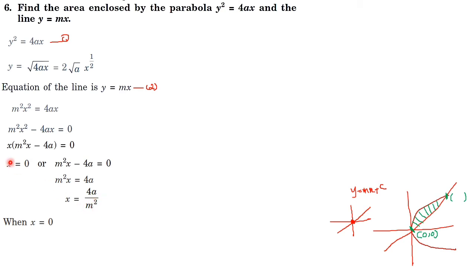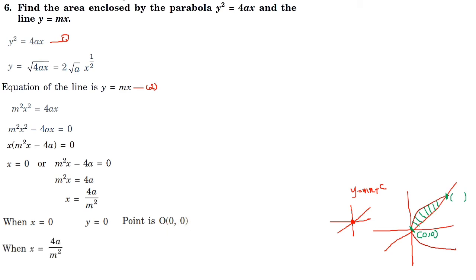These are x values. The corresponding y values we also have to find out by substituting. For that, first the x equal to 0 we have got, take that value and put it in the second equation, that is y is equal to mx. So y is equal to m into 0. M into 0 is 0. So the point is 0, 0 we have got.